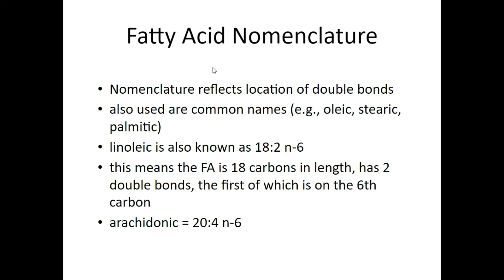So, we also have this fatty acid nomenclature. This is how we name the fatty acids. Okay? This is very important, guys, because when you read journal articles, fatty acids are usually written this way.